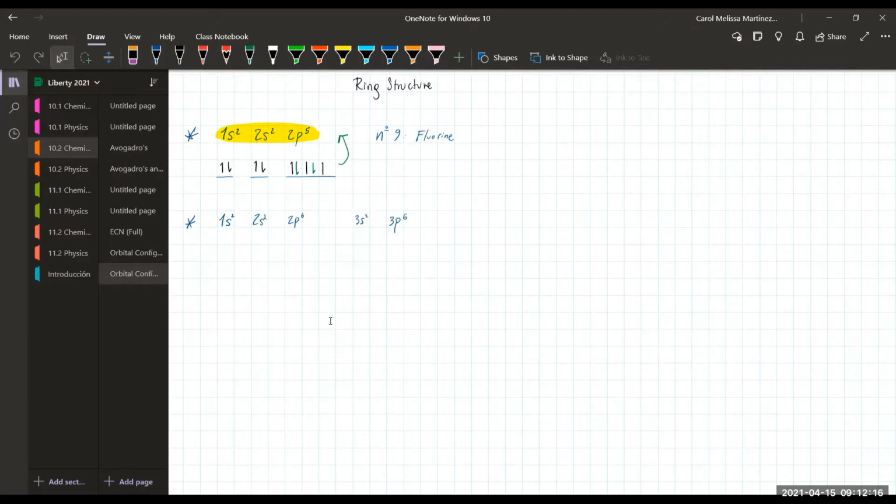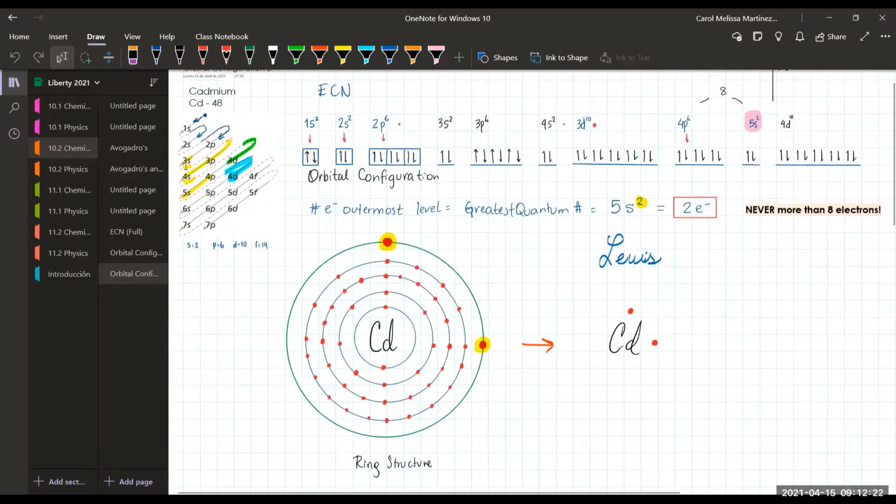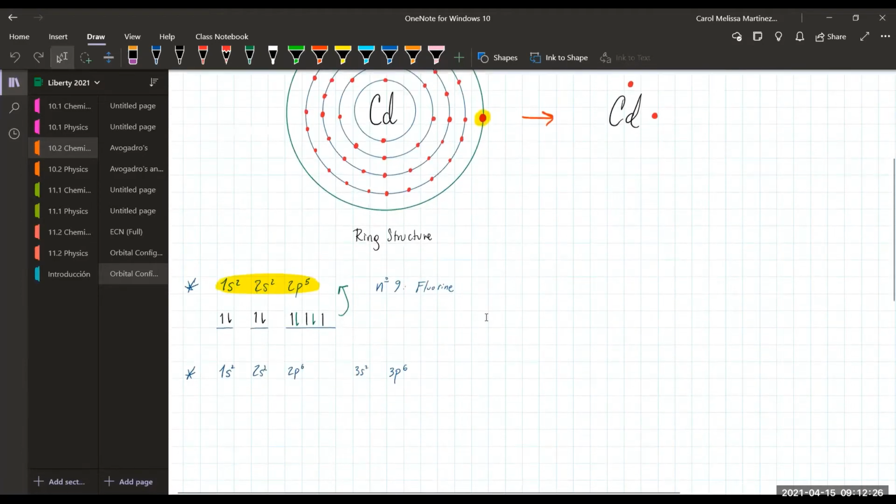Then after 3s2, 3p6 comes 4s2 and 3d10, okay? So it will be 4s2 and 3d10.